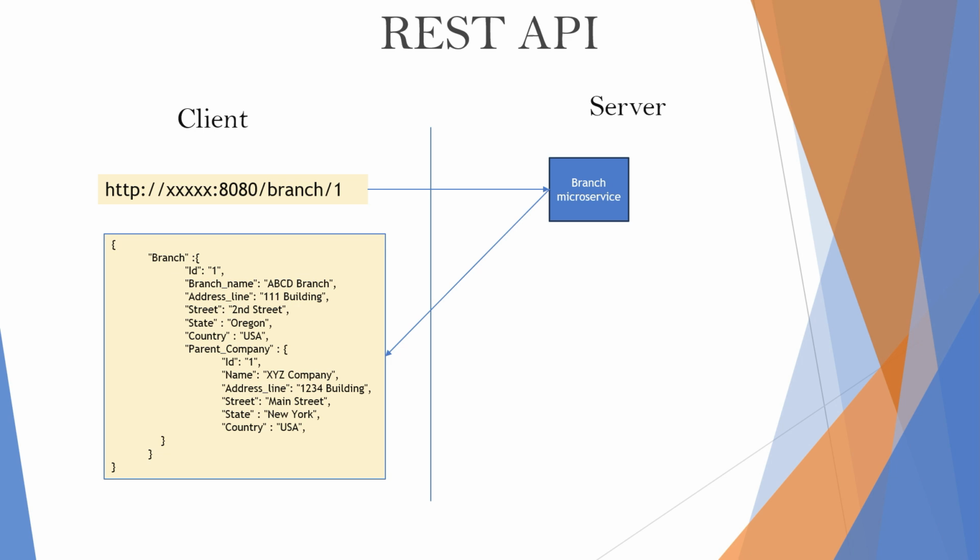Again, if I want another endpoint where branch name and the parent company ID are required, then again I need to expose another endpoint, right? So many endpoints will be required in the server side if we want to filter the data dynamically at the server side. This limitation is removed in the case of GraphQL.